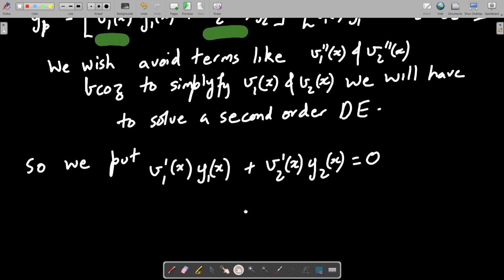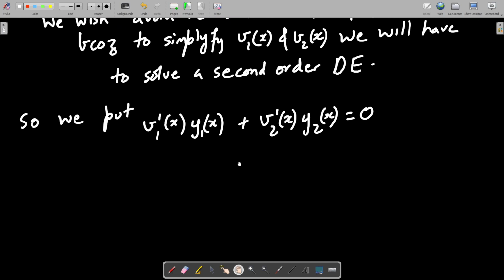Then what will be yp prime? When I'm saying putting a function equal to 0, we write it like this. This means it's 0 for all values of x, or the function is the 0 function.